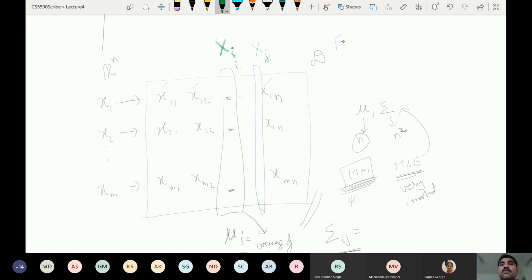Now somebody asked, how will you estimate the expectation of xi xj? What will you answer? It is simply take all the values of xi xj. What are the values of xi xj? I'll multiply this ijth value and I'll get a value. I'll multiply these, I'll get a value. Right?